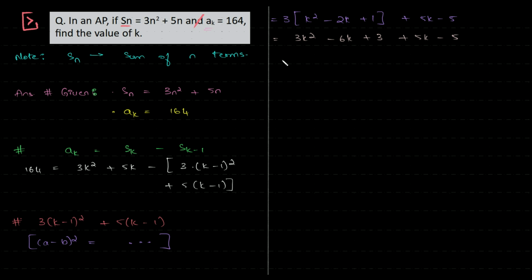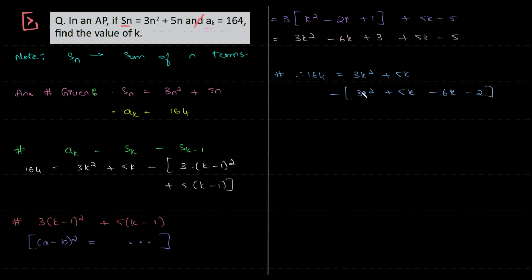Okay, I need not solve this. I'll explain why. So therefore 164 is equal to 3k square plus 5k minus of 3k square plus 5k minus 6k minus 2. I'm just rearranging. So why did I do that?